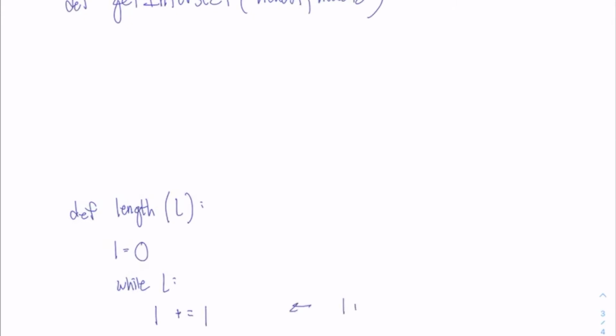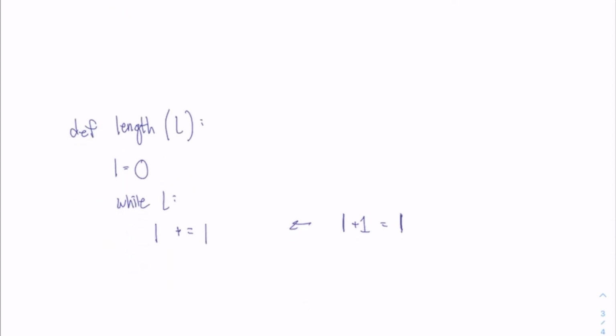This, by the way, is equivalent to l plus 1 equals l, and sorry for the similarities between L and 1. So let me denote it like this: lowercase l increments by 1 every time L is true.